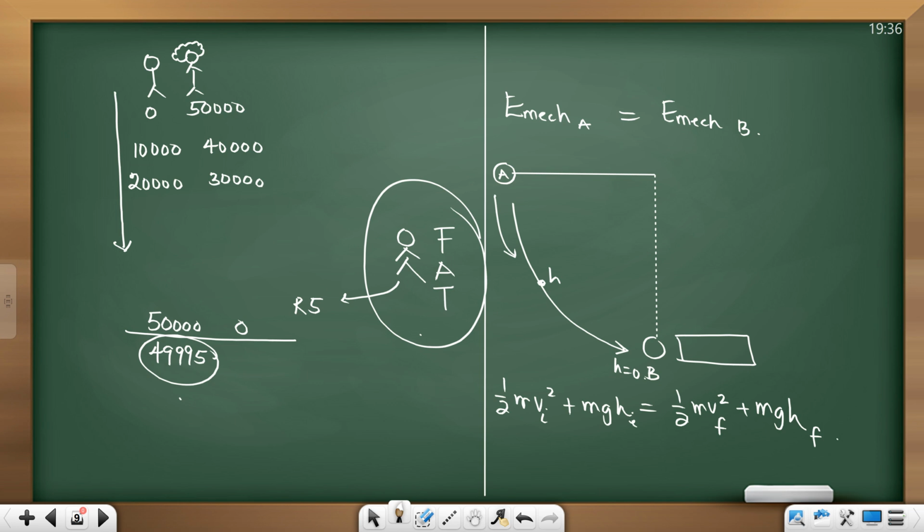The system is no longer isolated. So mechanical energy is no longer what? Conserved. But if that fat guy is not there, mechanical energy at the top will be equal to mechanical energy at the bottom. Could you use this principle, but also, let's say when you get to the bottom, you add in what they got. Yes, we are going to have questions like that where we now have to add the 5 rand.